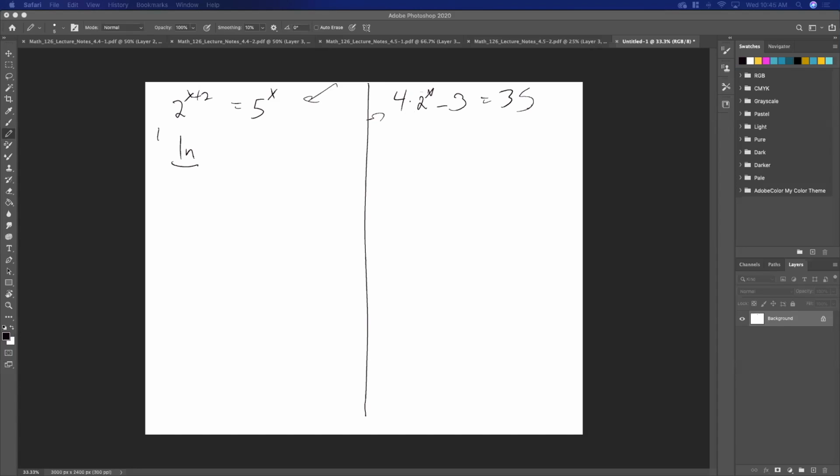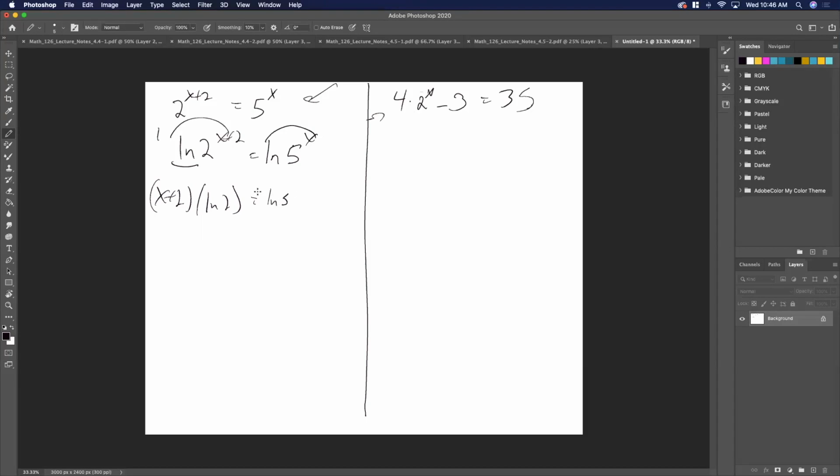So let's figure out how we got there. So here we'll have log base 2 of x plus 2, and then we'll have log base e, so ln of 5 up to the x. Here I can pull this out front. These always run the same. 5x plus 2 times ln of 2 equals ln of 5, or x ln of 5.